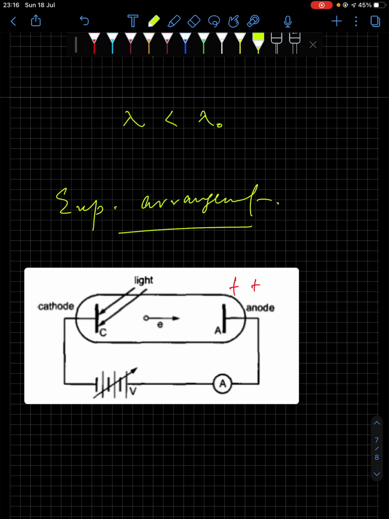Now one more situation: you make this negative. When you make it negative, it starts repelling the electrons. You can say the negative potential does negative work on the electron, a repulsion work. The resultant effect is that the electrons are getting retarded.